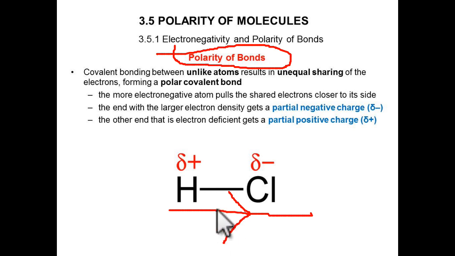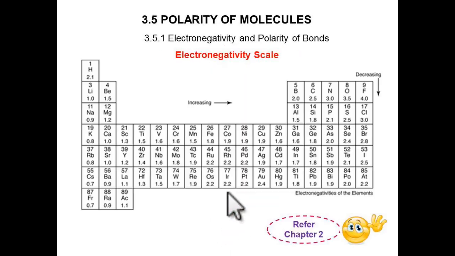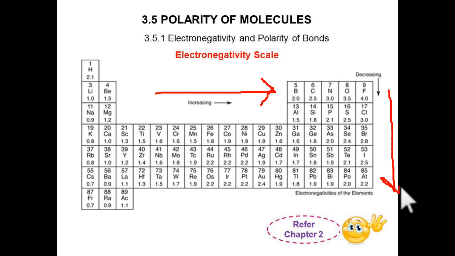I will give more examples about this. Have a look at the next slide. So please remember our electronegativity scale. When you go toward the right-hand side, the electronegativity increases. When you go downward, the electronegativity decreases.